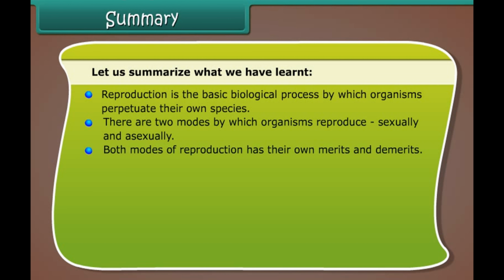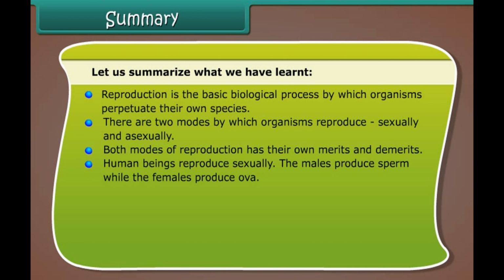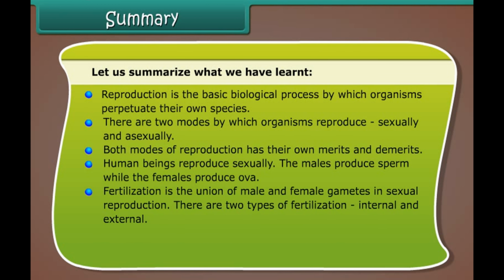Both modes of reproduction have their own merits and demerits. Human beings reproduce sexually. The males produce sperm while the females produce ova. Fertilization is the union of male and female gametes in sexual reproduction. There are two types of fertilization, internal and external.